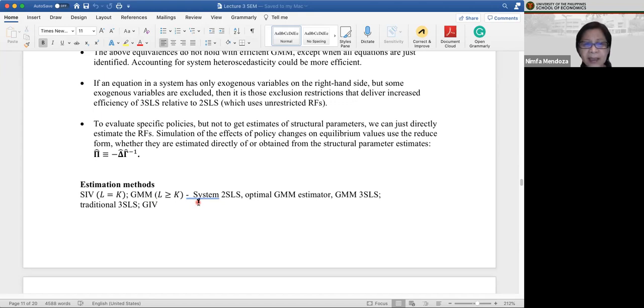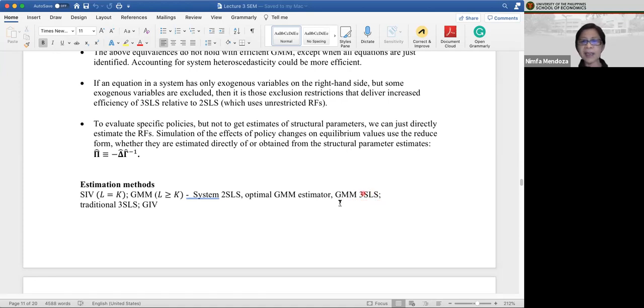Examples of these are the system two-stage least squares, which reduces to two-stage least squares equation by equation if you don't have cross equation constraints, the optimal GMM estimator, where we have the weighting matrix, and the general method of moments three-stage least squares.